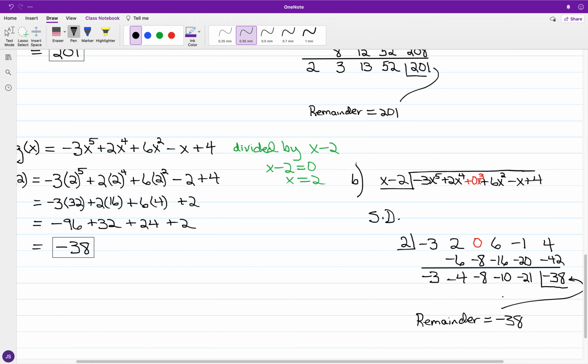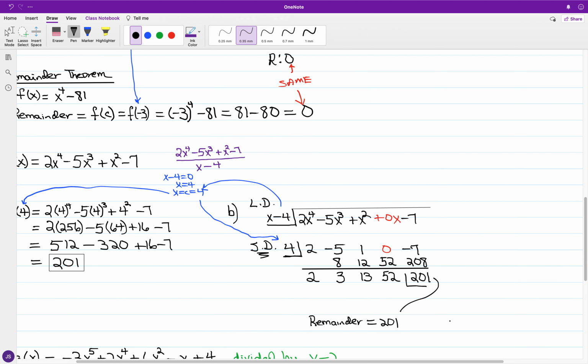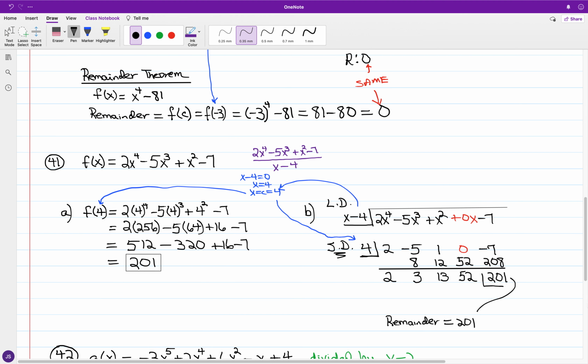All right. Now, for long division, there's going to be a tie-in between the remainder theorem and what is regarded as the factor theorem. Let me just tie these together.